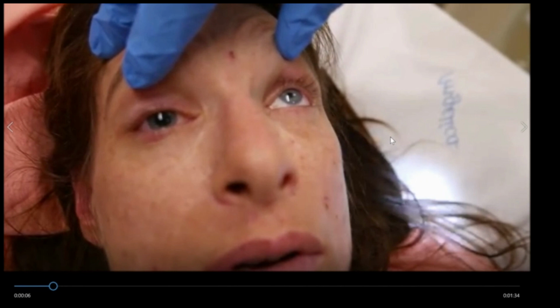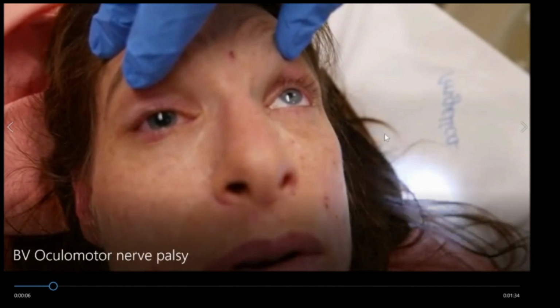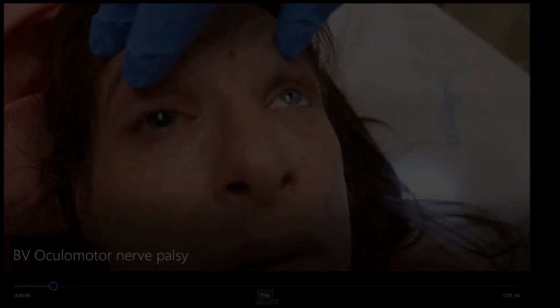So here we are more with an oculomotor nerve palsy. It goes with it. The oculomotor nerve carries parasympathetic fibers, and so the lack of parasympathetic fibers will cause loss of sphincter pupillae action. It's only the action of dilator pupillae that is working, and there is a paralysis of the skeletal muscle part of the levator palpebrae superioris.